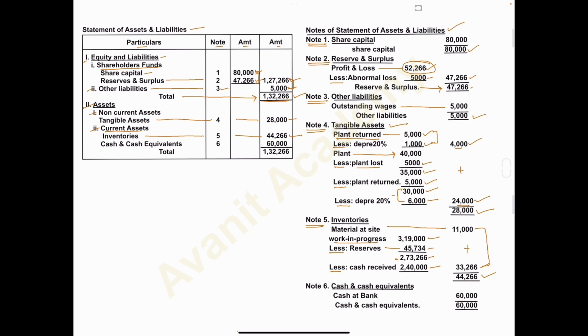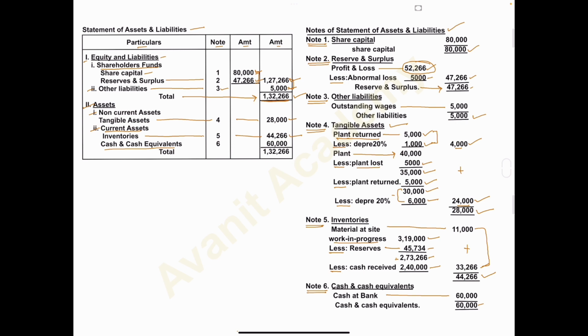Next item, cash and cash equivalents. So in trial balance, they have given, see the note number 6, cash and cash equivalents. Cash at bank amount is 60,000. Mentioned in the trial balance, see the problem. And total of these 60,000.